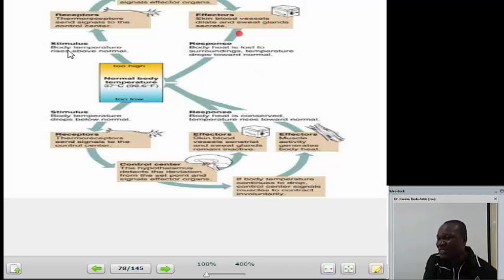And the effectors will generate the appropriate responses. And what are the responses? First, the blood vessels supplying the skin will dilate, meaning blood flow to the skin will increase, so heat will be lost by radiation through the skin.